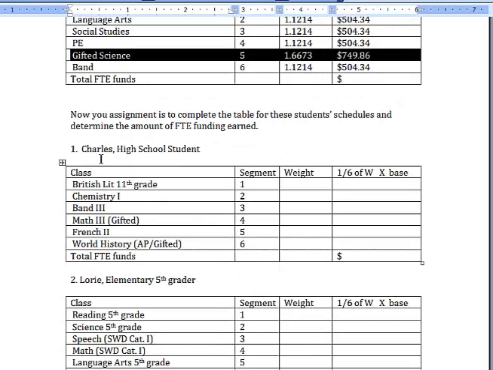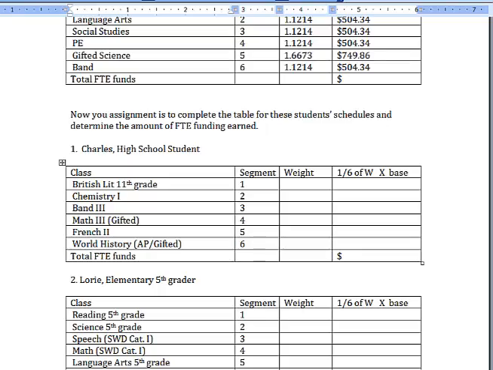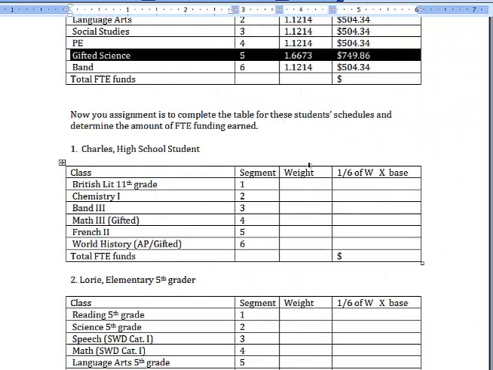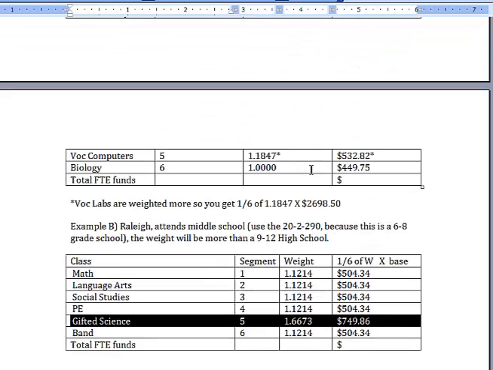Now, this one, you're going to be doing Charles, who's an 11th grade student, and then you'll do him for chemistry, band. The only thing that's going to be different is that he's in 2 gifted classes. So you're going to have to figure out what would be a gifted classroom. What does it bring for a high school student? Notice that it's going to be based on the 6 category, 1.6673, times what a high school student brings per segment, which is 449.